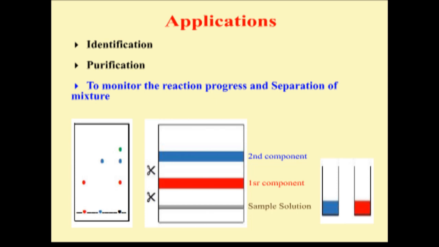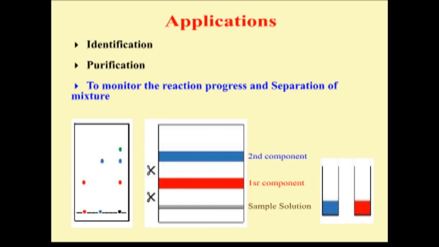Initially we get spots at the same distance for these two reactants, and a new third spot will be developed, which shows that the reaction is occurring in the forward direction. After completion of the reaction, these two spots will disappear, and only the spot for the product will remain, and that will appear as a single spot, meaning our reaction is over. And finally, that way, to monitor the reaction progress, we can use TLC as a wonderful tool.